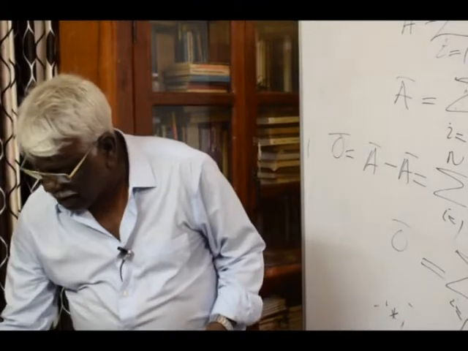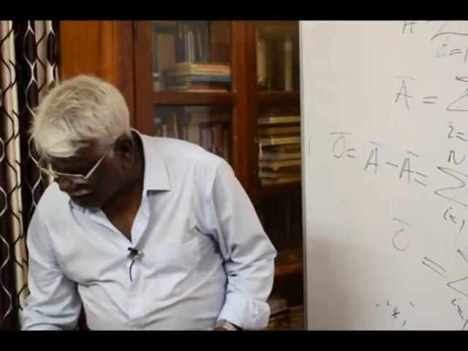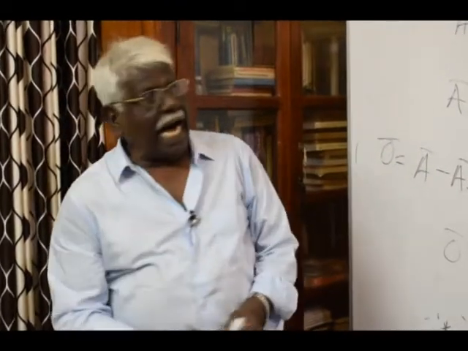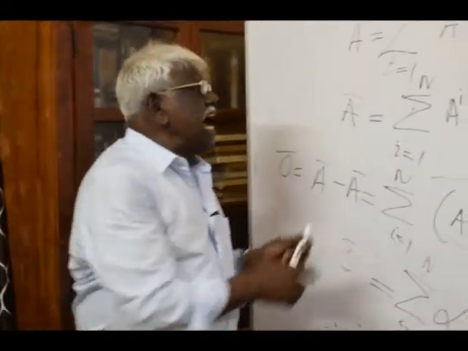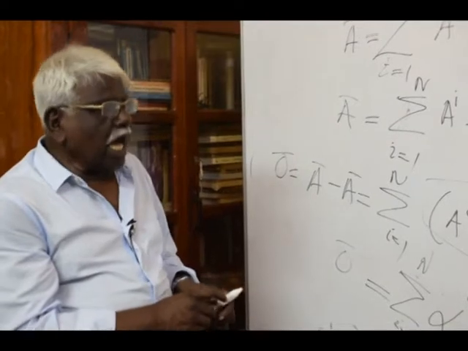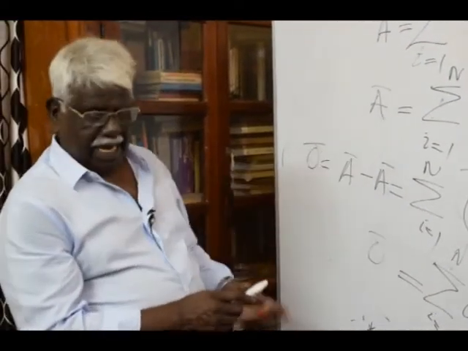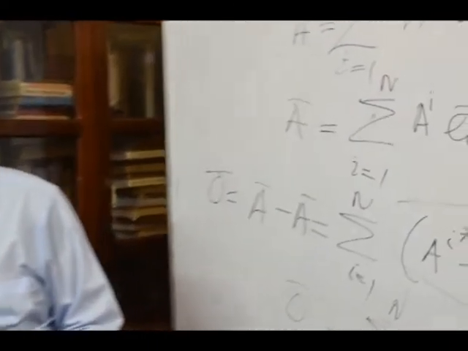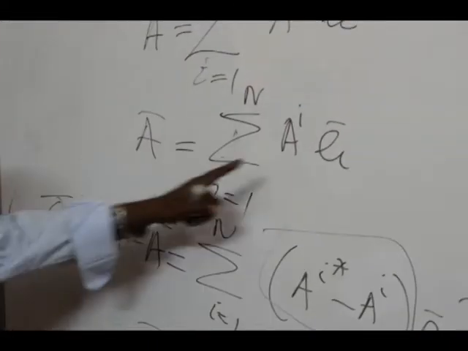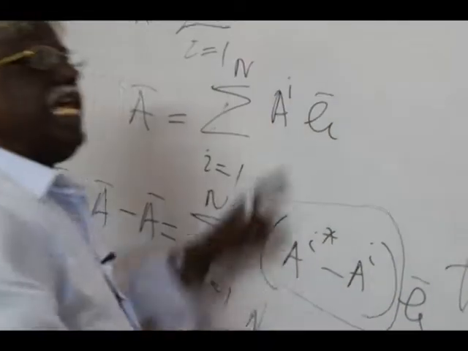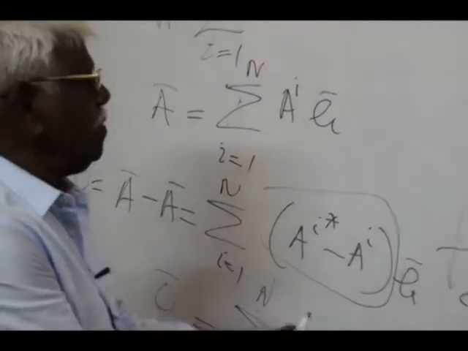And in anticipation of the future development of the theory of tensors, I name these ai's the contravariant components of the vector A. I christen them; christen means I put the name, impose the name.